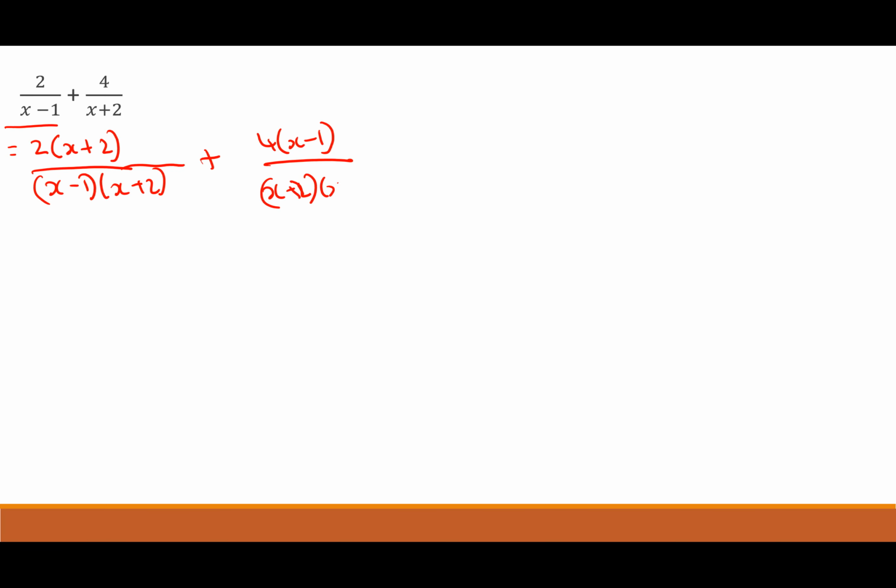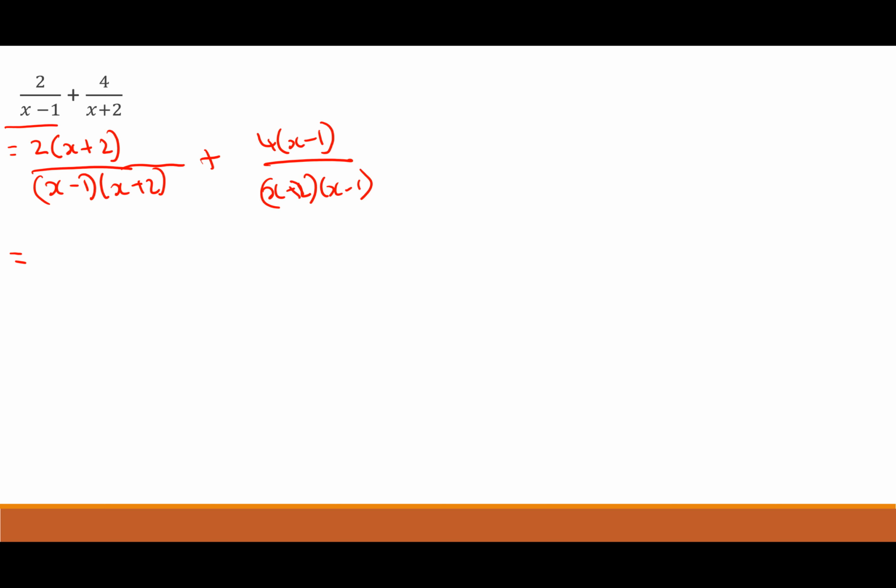Let's look at another example. We're going to do exactly the same thing. On the left hand side, we need to do 2 times x plus 2, and the denominator is x minus 1 times x plus 2. On the right side, we've got 4 times x minus 1 over x plus 2, x minus 1.